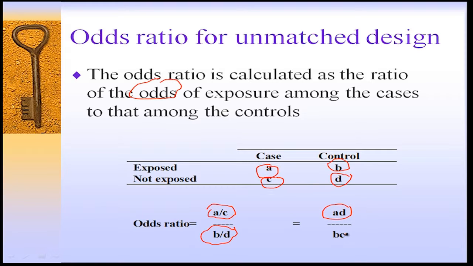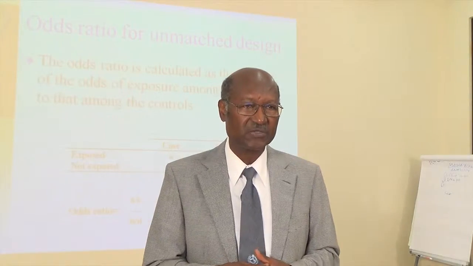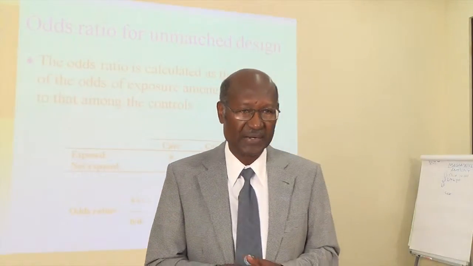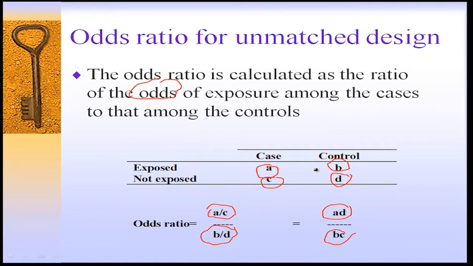And that's the odds ratio. Alternatively, you can also get the odds ratio by the cross product, which is A times D divided by B times C. That is an easier way of getting the odds ratio.